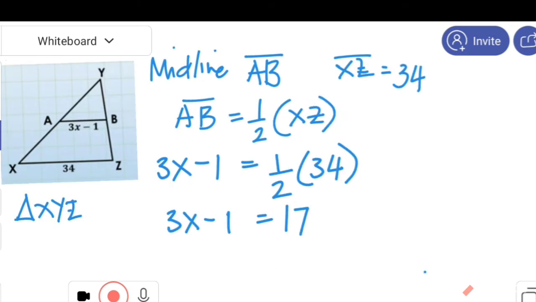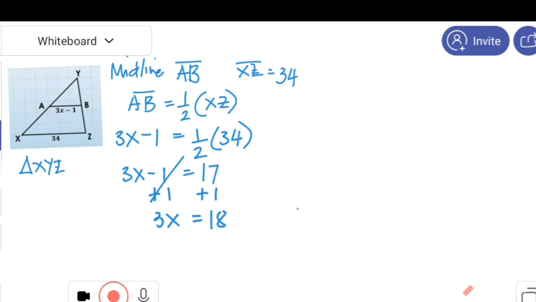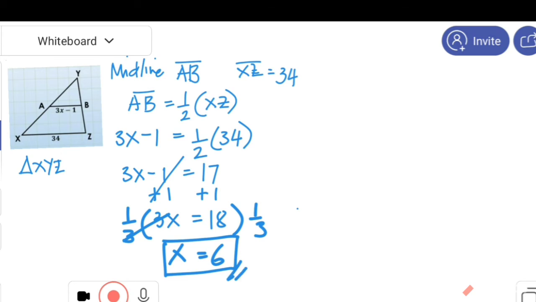We use the addition property of equality, so we add 1 on both sides of the equation. And now we have 3x is equal to 18. We multiply both sides by 1/3, the multiplication property of equality. 1/3 times 3 is x left. And 1/3 of 18 is 6. Now we have the value of x.